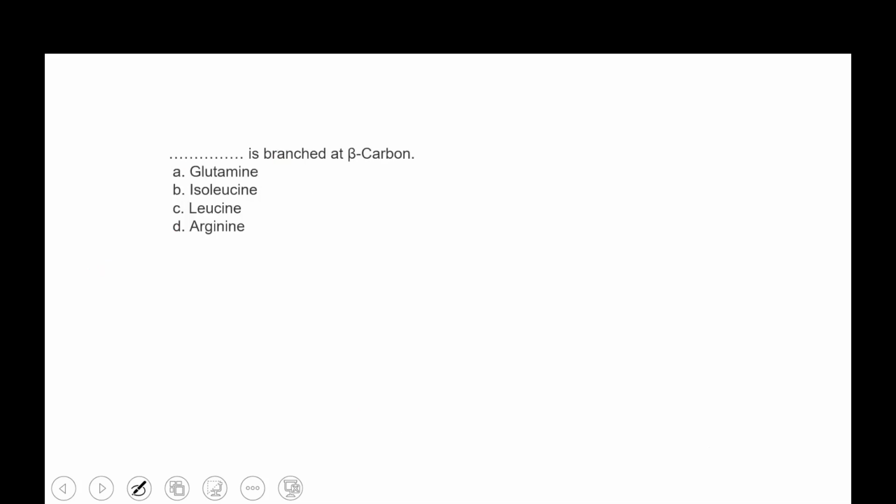Which amino acid is branched at beta carbon?